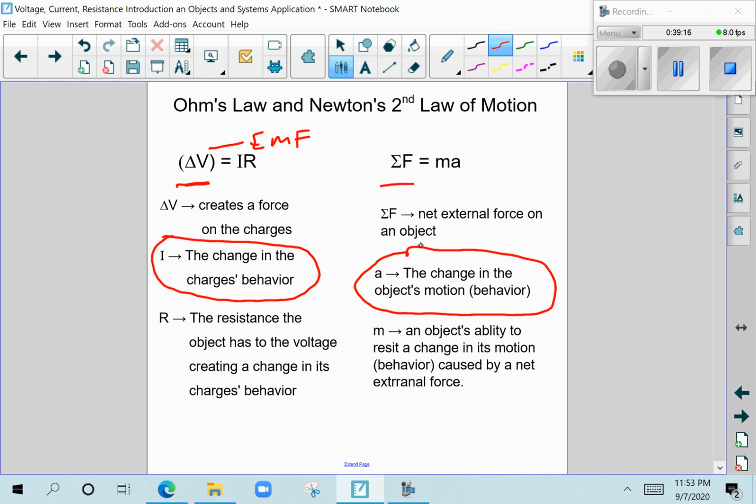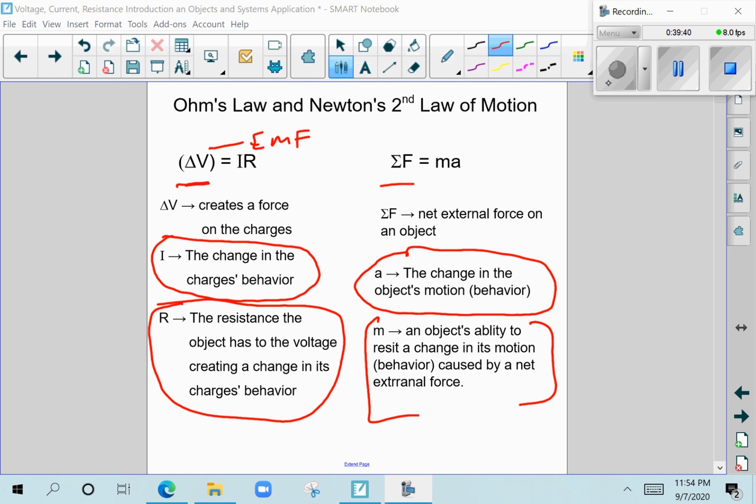Mass is an object's ability to resist a force. Resistance, electrical resistance, is an object's ability to resist a voltage. Physical mass, inertial mass, tries to resist acceleration. Electrical resistance tries to resist electrical current.